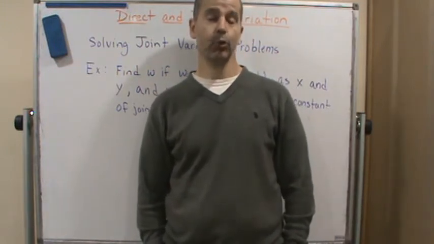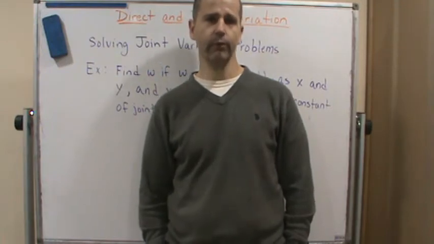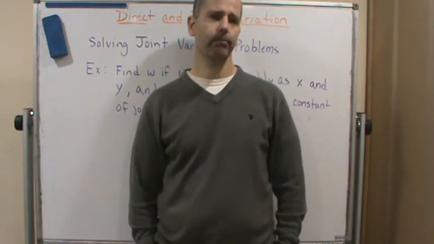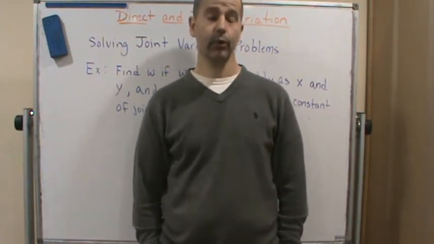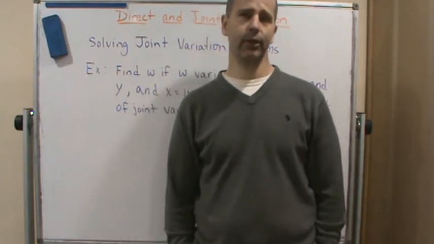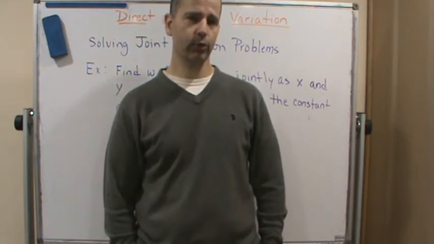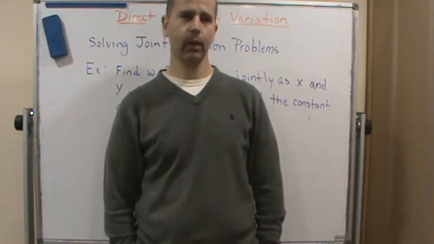That are directly proportional to each other. So that one variable is directly proportional to another variable. We've also talked about the phrasing, like what if, when you look at a word problem, it says, hey, that one variable varies directly as another variable.